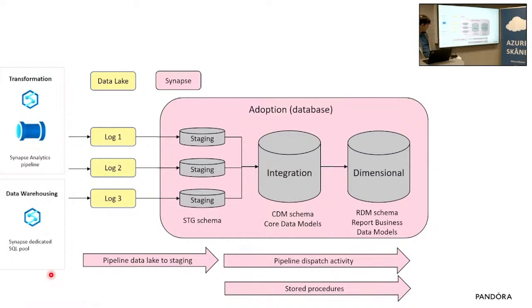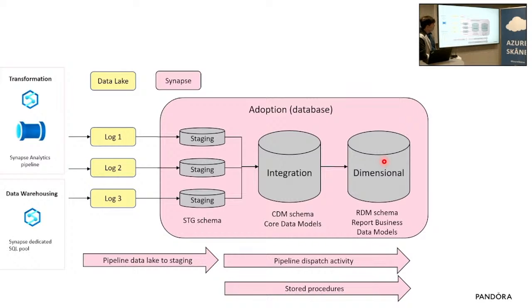So you are using Azure Synapse pipelines for copying the data from the storage account to the staging area. This is inside Synapse. Then you have transformation, integration, report business data models.